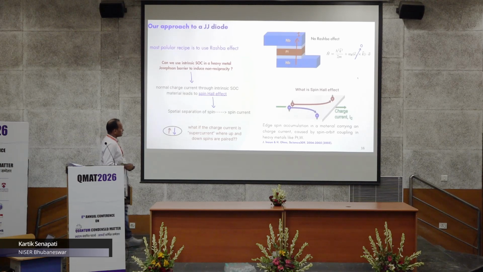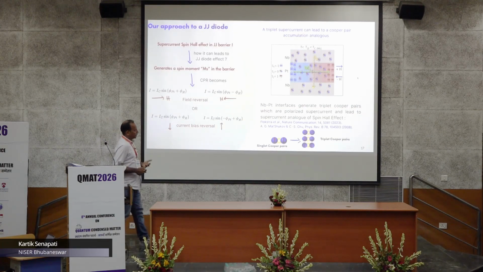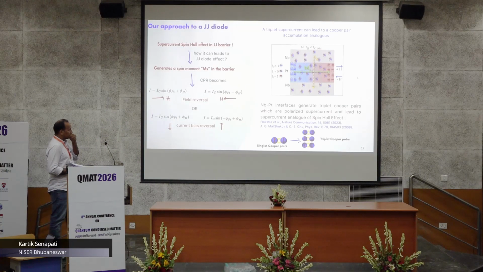So there is a problem. What to expect in this case? People have calculated, and experimental people have shown, I forgot to put that reference actually, that if you put a superconductor next to a platinum layer or a heavy metal layer, you generate a little bit of spin triplet correlation.